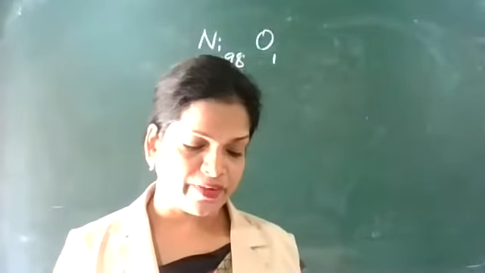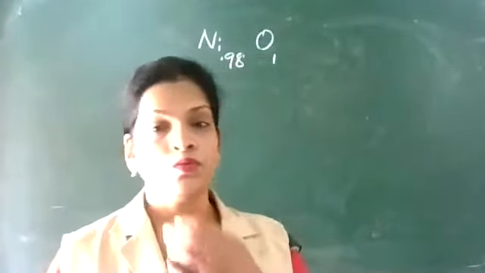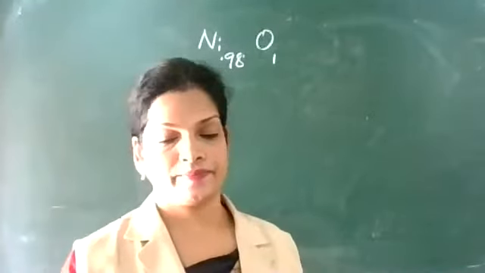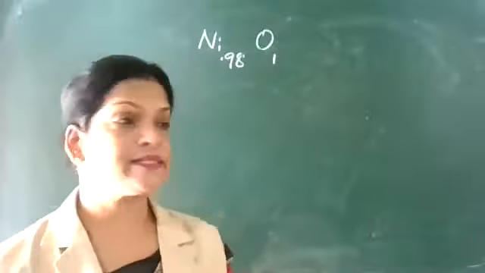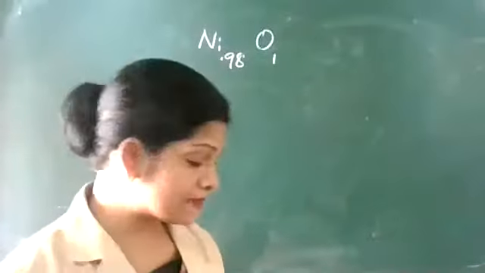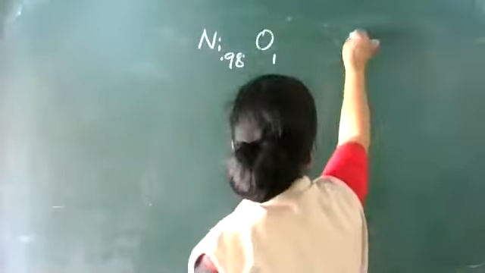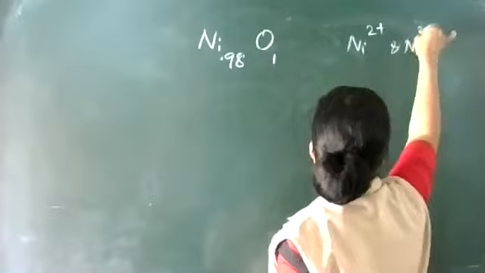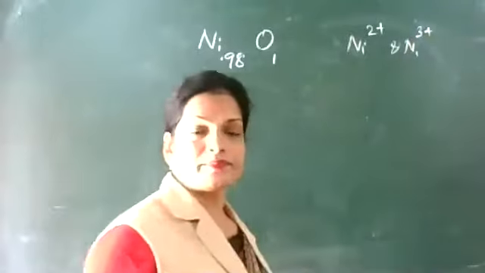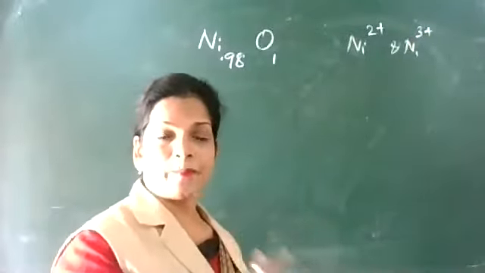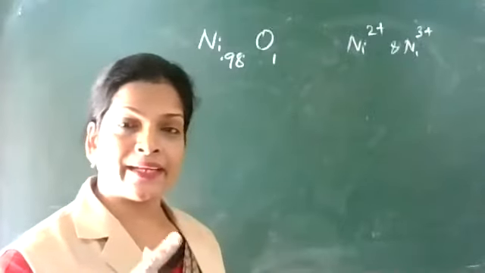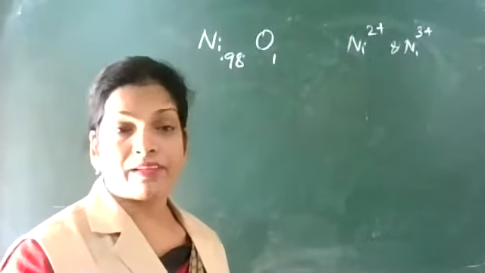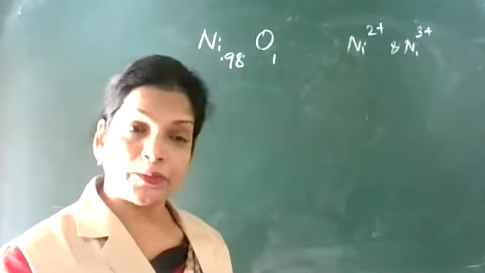What fraction of nickel exists as Ni2+ and Ni3+ ion? So this Ni0.98 means that it contains Ni2+ and Ni3+, as in the case what we have explained in the case of iron, Fe2+ and Fe3+.